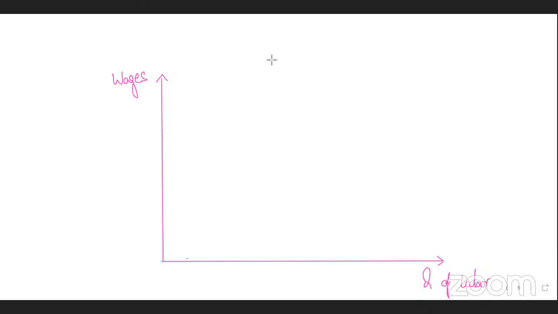The supply of labor is a straight horizontal line. It shows that at this wage rate, as long as you're paying your workers the competitive wage rate, which at Mega Lecture we said we are paying, then we can hire as many teachers as we want to.